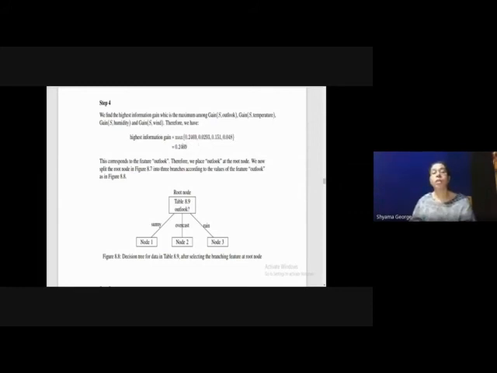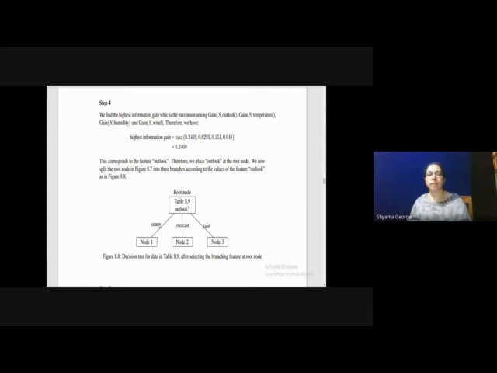Out of these 4 attributes, outlook, temperature, humidity, wind, you can find that the highest information gain is 0.2469, and that is for the attribute outlook. So the outlook will be placed in the root node.